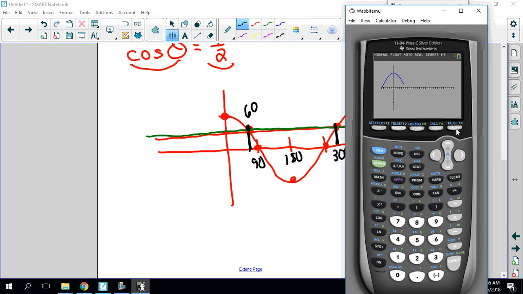Okay, so from 0 to 360, we know where it stops. Now, if we're trying to find the answers from 0 to 360, what I do is I reset my window from 0 to 360.